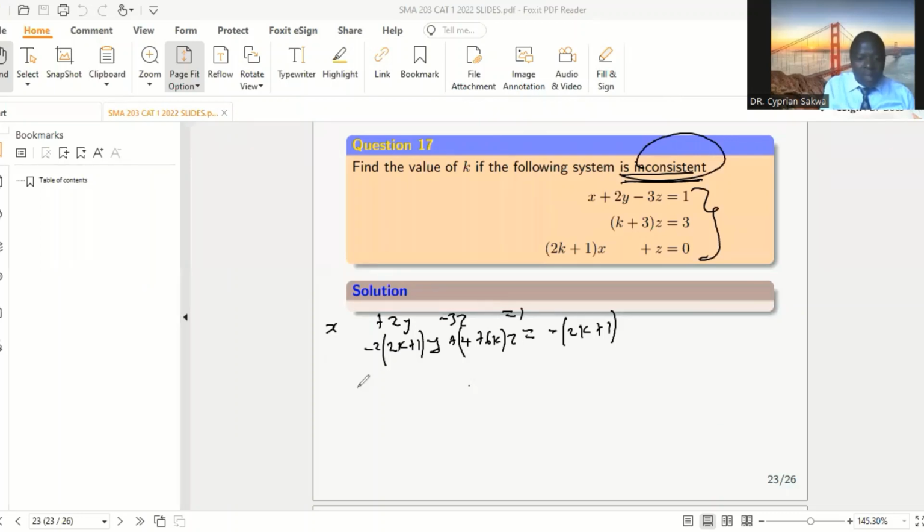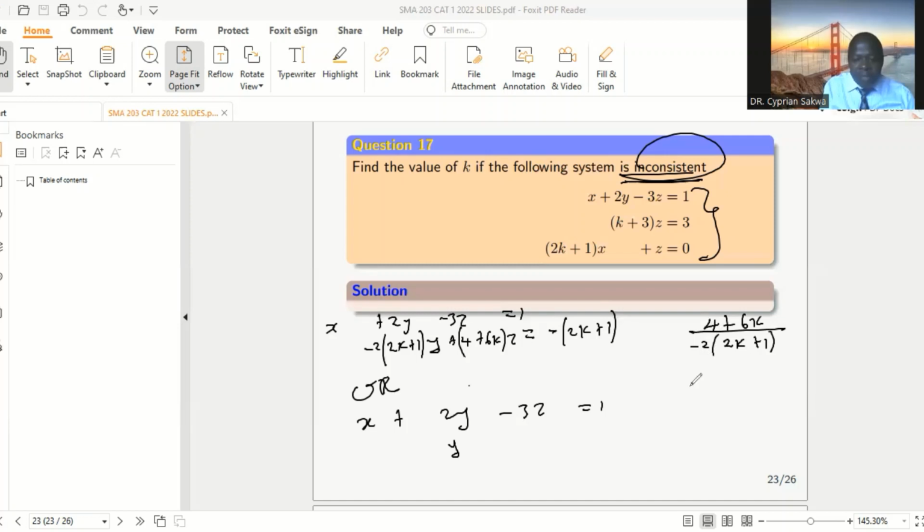So what do we have now? The first equation remains. The second equation, dividing by this coefficient, I will have 1. Divide this by the same coefficient: 4 plus 6k divided by negative 2 into 2k plus 1.